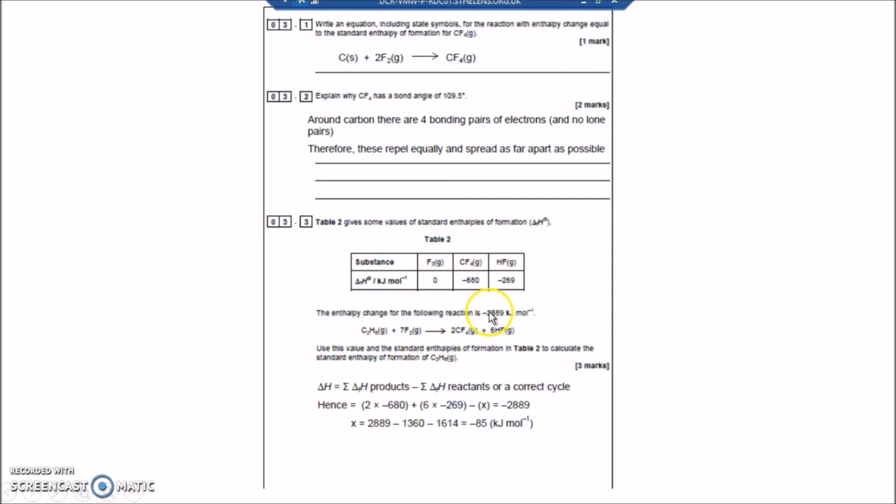So minus 2889 equals 2 CF4, so that's 2 multiplied by minus 680, 6HF, minus 269 multiplied by 6.